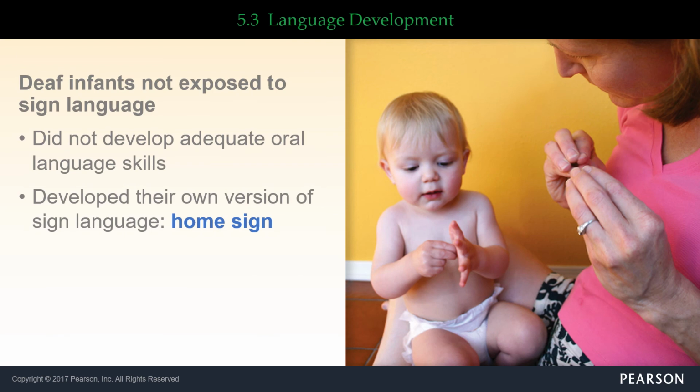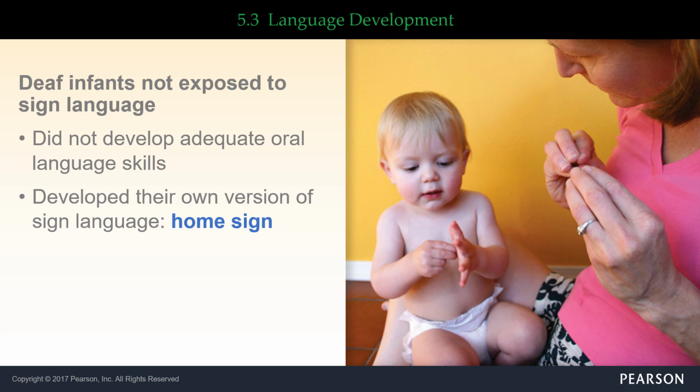So when a child is deaf, families have decisions to make about whether they want to focus specifically on sign language. And even if a child is not taught sign language, they'll develop their own version of sign language. Today we also have a program called Baby Signs that can help infants communicate with signs that they may not be able to communicate verbally yet.